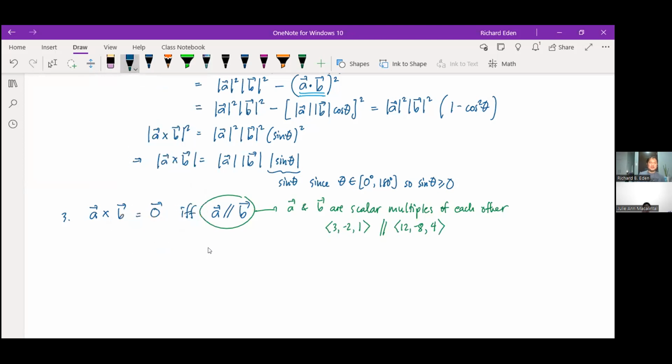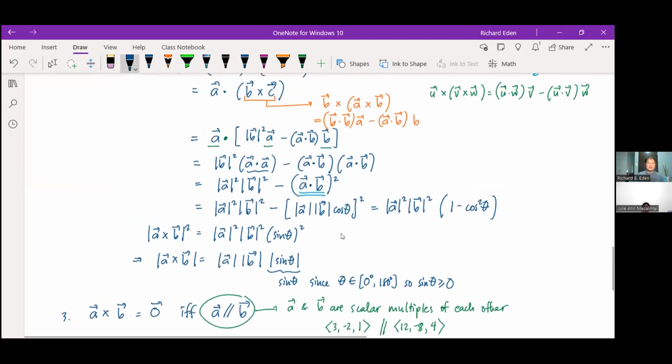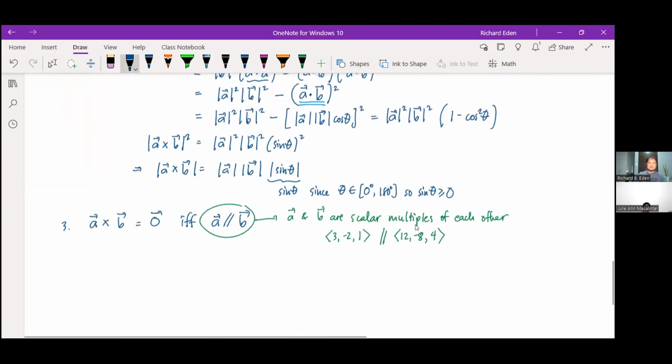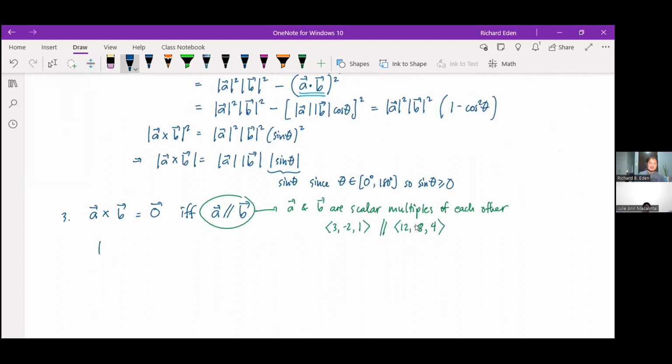Okay, so this cross product idea actually follows from the previous statement. So, if the two vectors A and B are parallel to each other, there are two scenarios, and none of them is the 0 vector.